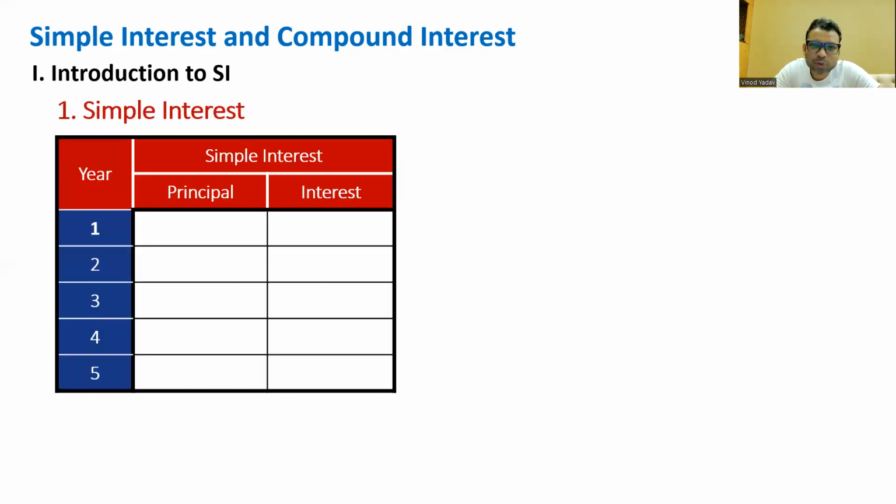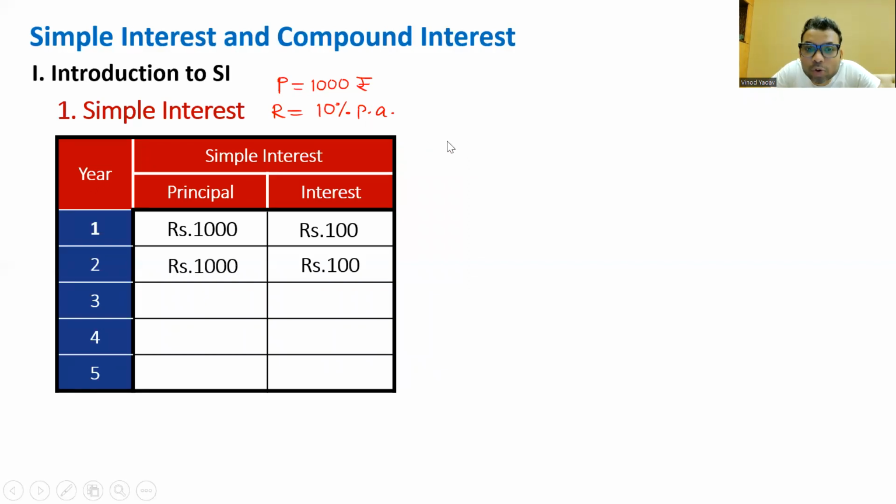Now, let's understand this through numbers. Very easy. Let's take some easy numbers. Suppose principal is 1,000 rupees, rate of interest is 10% per annum. So first year, interest will be 100 rupees. Second year also, interest will be 100 only.